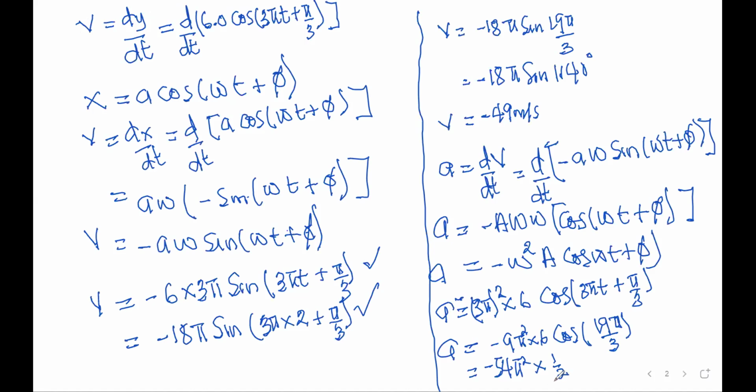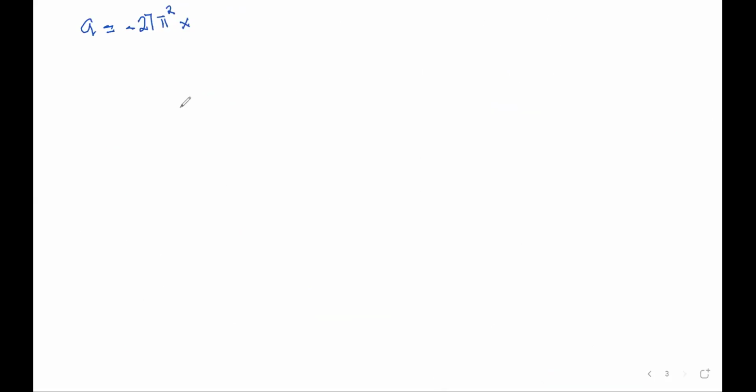Okay, therefore the acceleration a would be equal to negative 27 pi squared. 54 divided by 2 is 27. So negative 27 pi squared, exactly. So let's square pi and multiply that by 27.